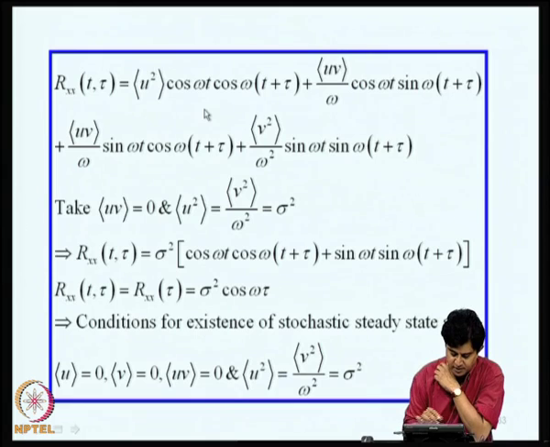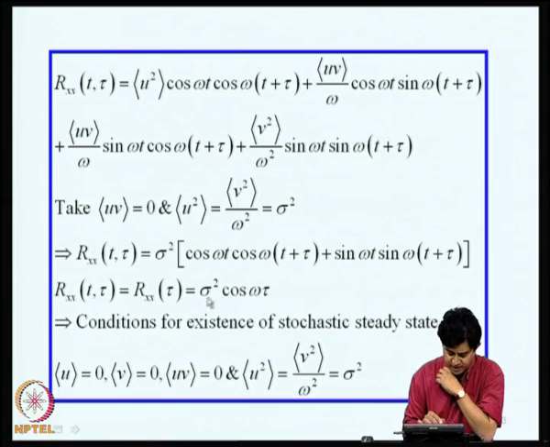So, for that to happen, in this expression, if expected value of u v is 0 and expected value of u square and v square by omega square are equal, we get the autocorrelation to be a function of time difference alone, but the mean is still a function of time.